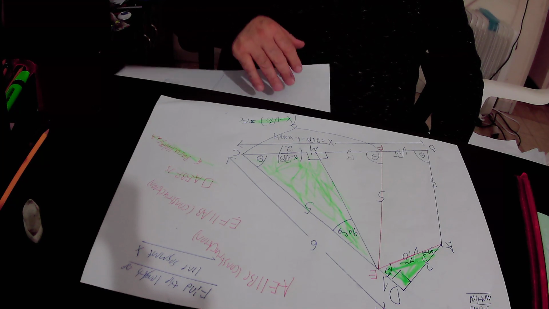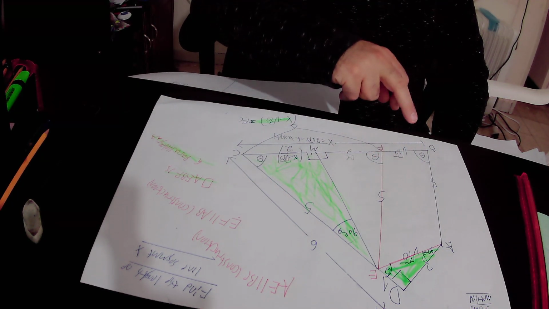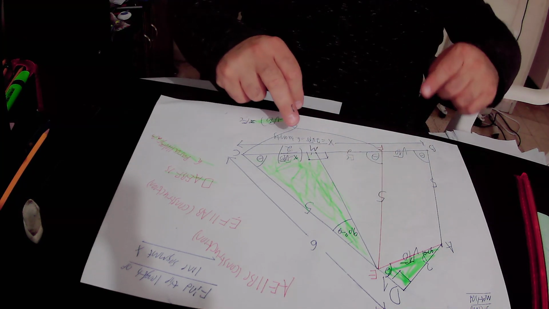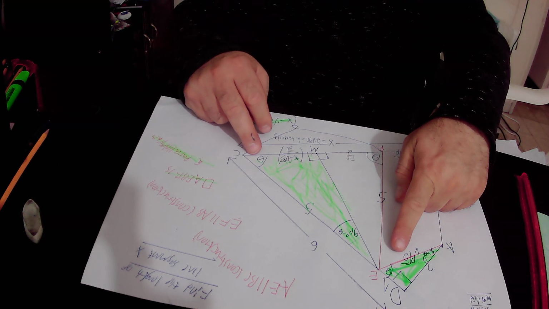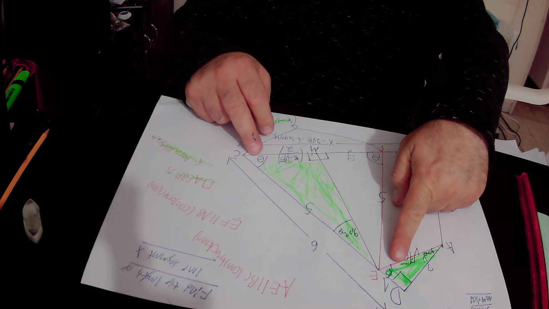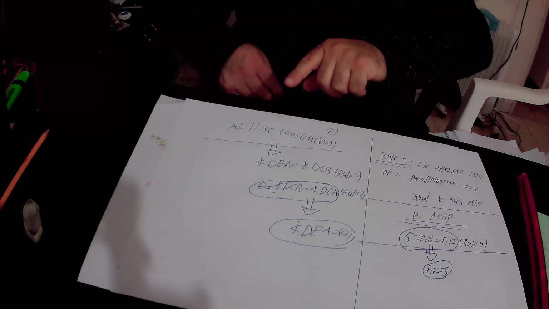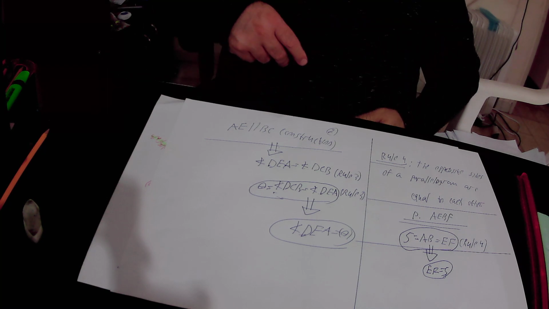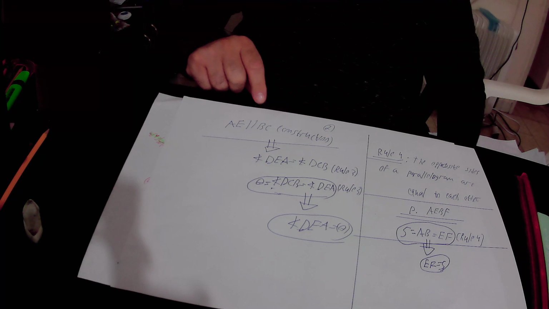Likewise, according to our construction, AE is parallel to BC. So those two angles that are defined as corresponding angles will be equal to each other according to rule number 3. Again, AE is parallel to BC according to our construction, therefore angle DAE will be equal to angle DCB according to rule number 3.